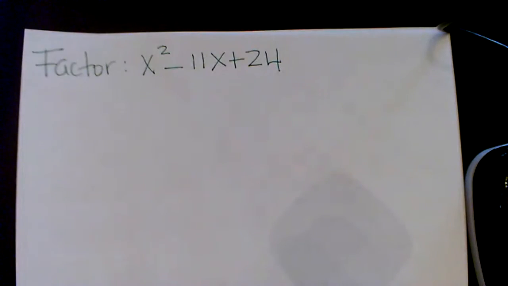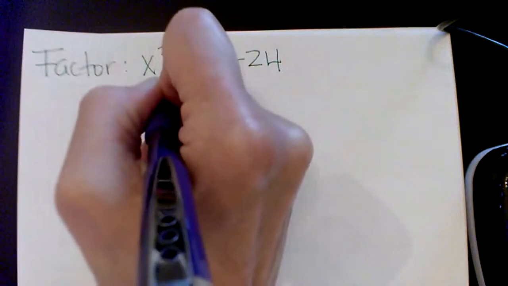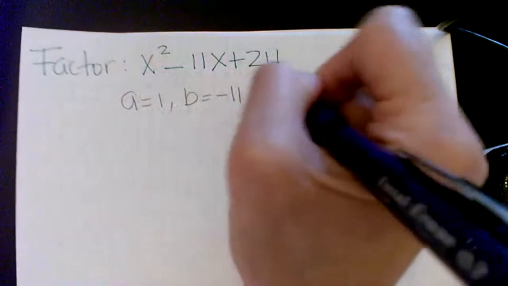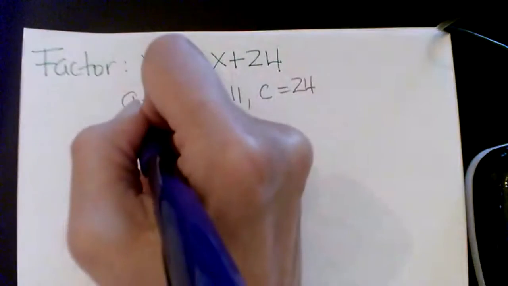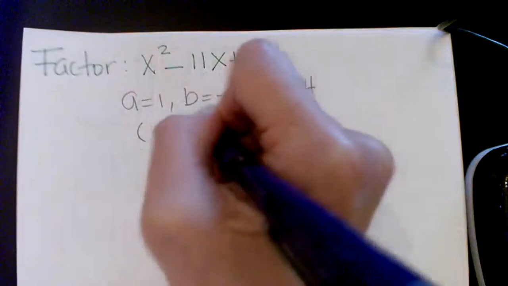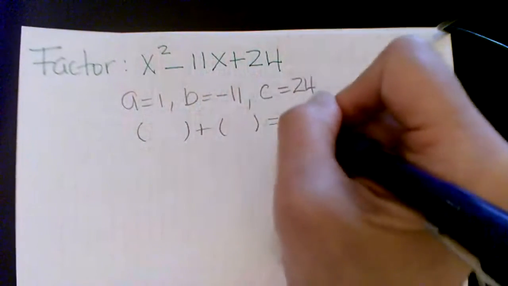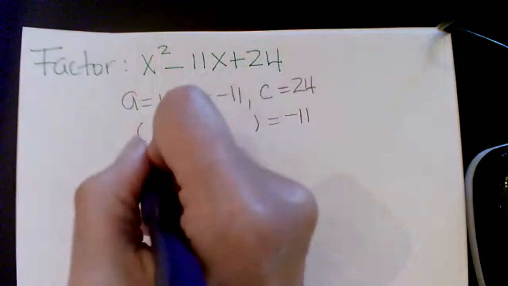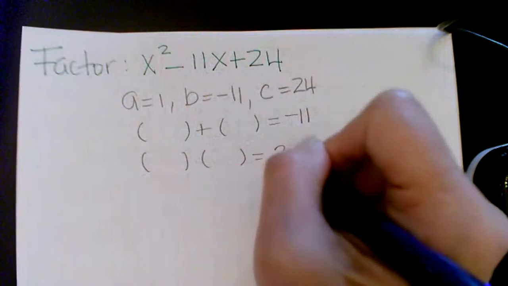So first we know that a is equal to 1, b is negative 11, and c is 24. So I have to find two numbers that when I add them, I get negative 11, and when I multiply them, I get 24.